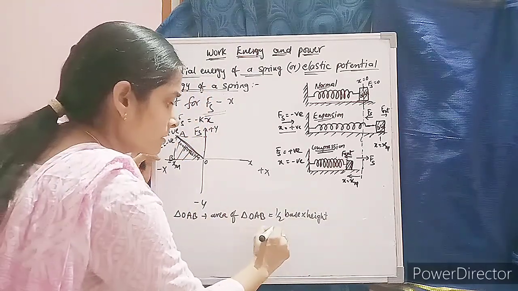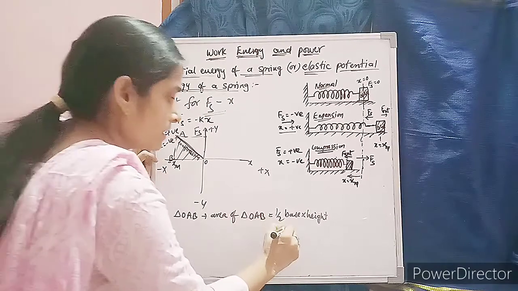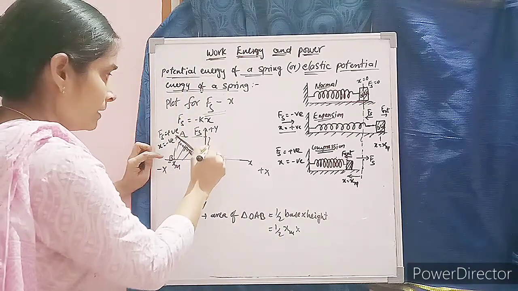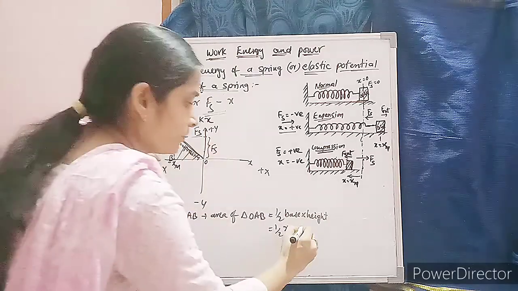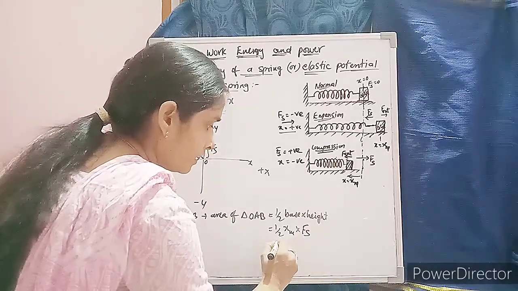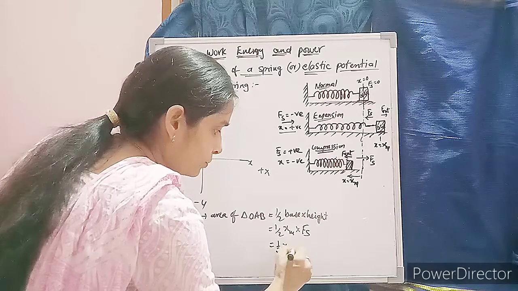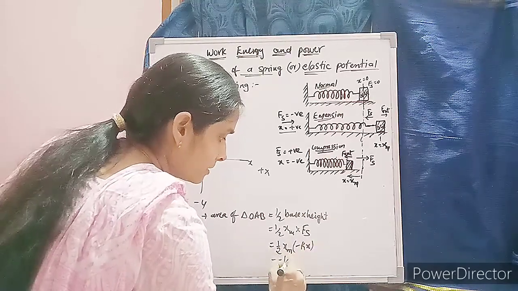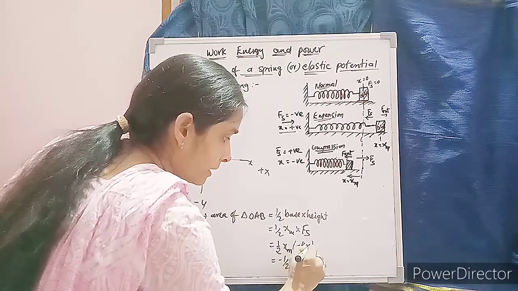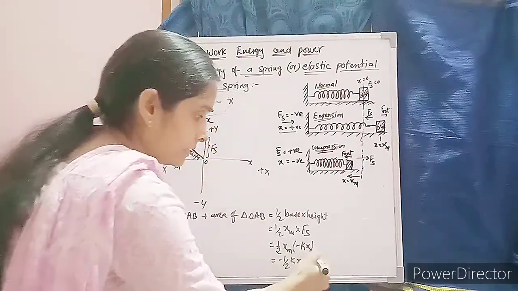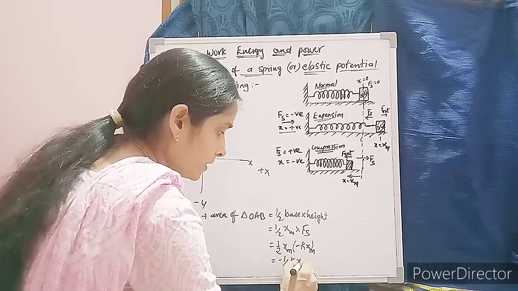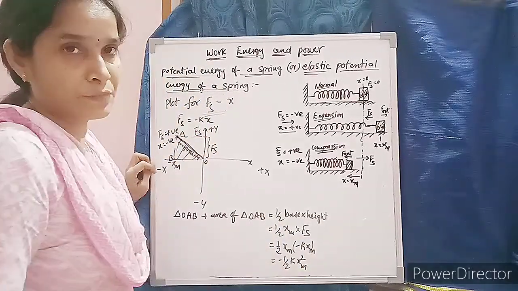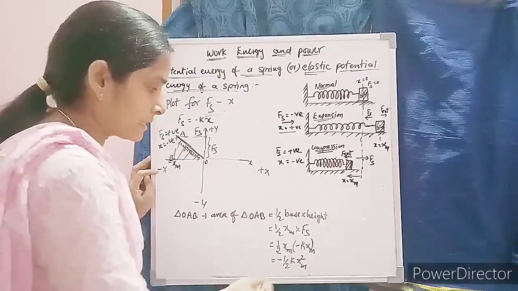Here the base is xm, and the height is Fs. Half into xm into Fs is minus half into k xm square, since the displacement is xm.